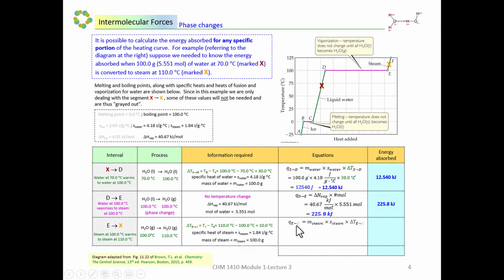So the heat absorbed for this process is the mass times the specific heat of steam times the change in temperature. We do some unit cancellations, and we get 1.84 kilojoules. We add up the energies needed for these 3 intervals, and we get a total of 240.2 kilojoules.